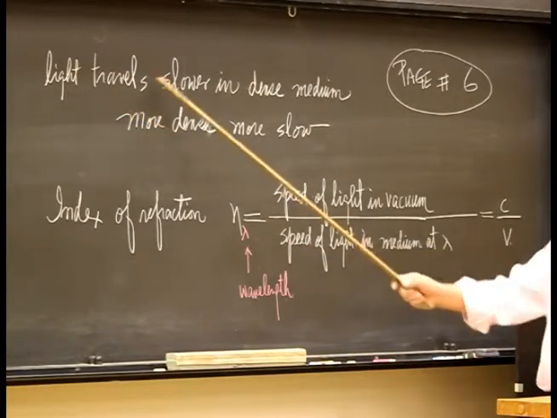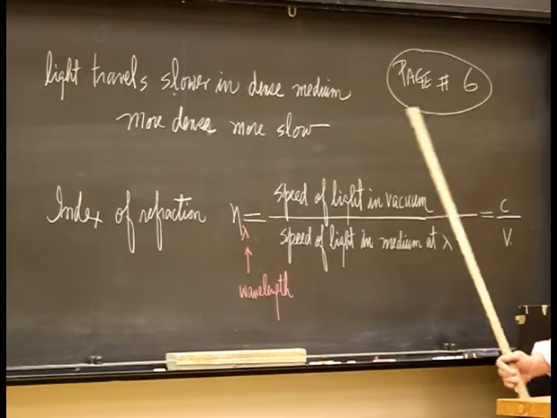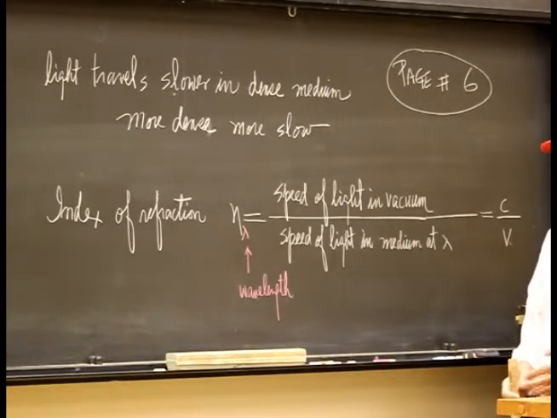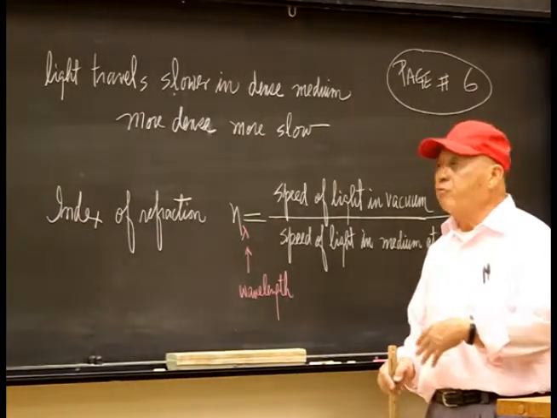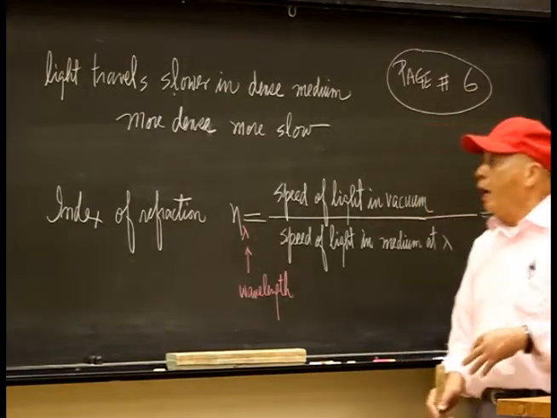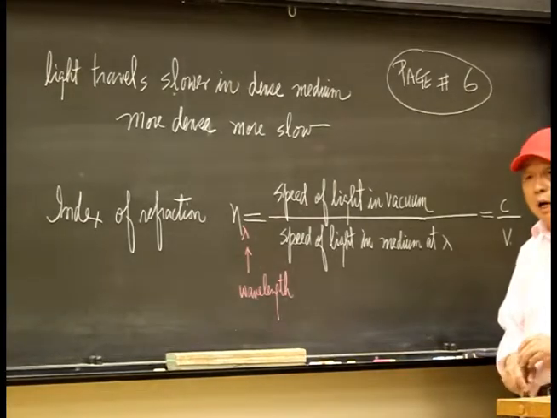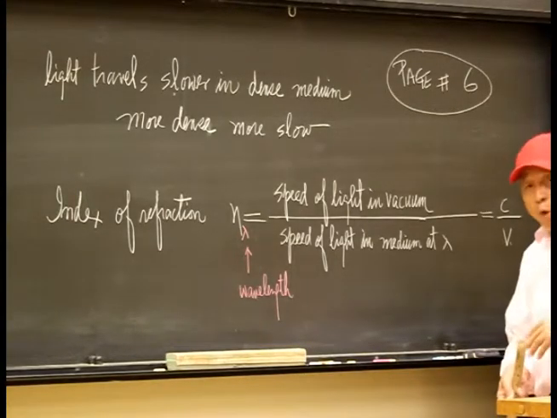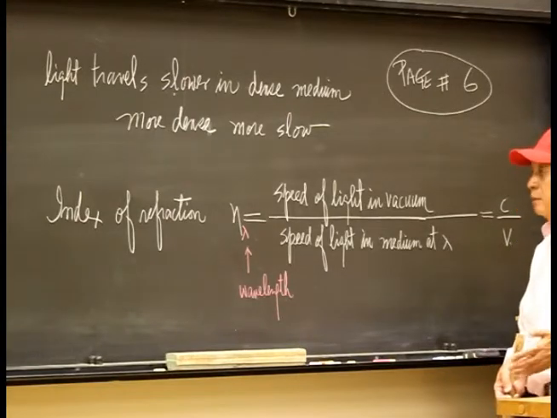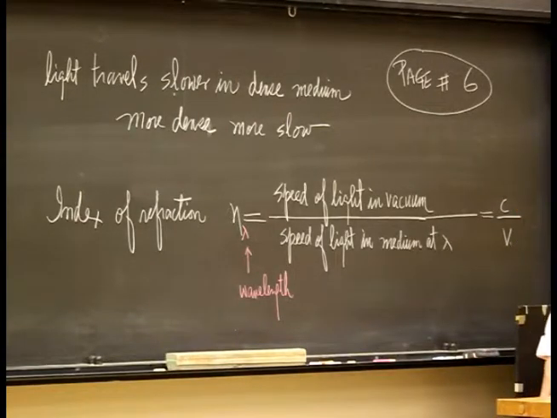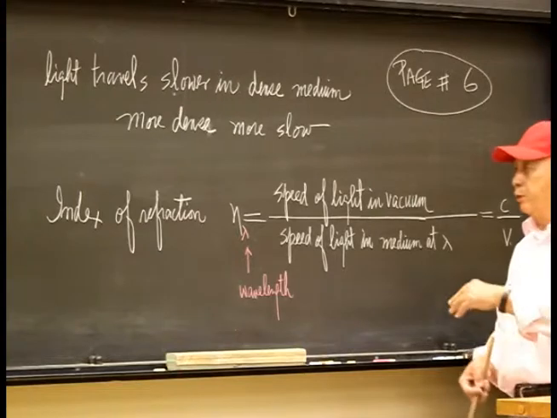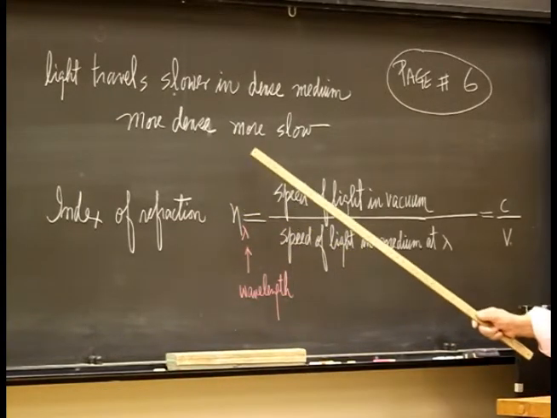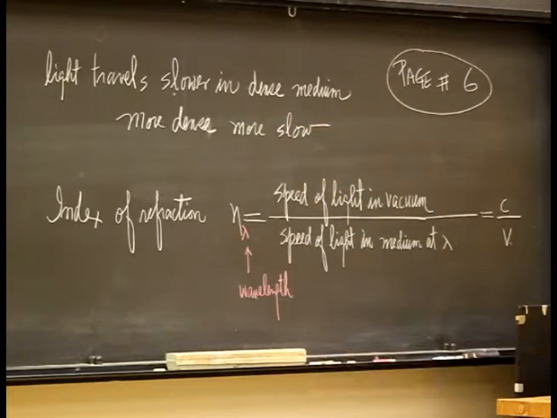So light travels slower in dense media. When light travels in water, the speed of light is reduced. And when light travels in glass material, because glass is denser than water, again it will travel slower. So the denser the material, the slower it travels.